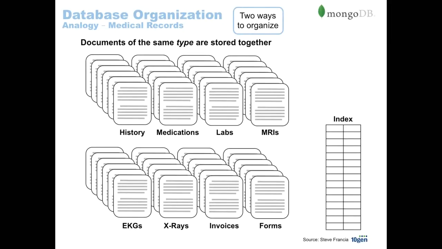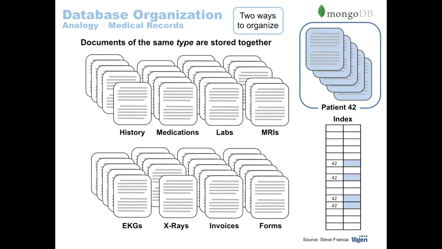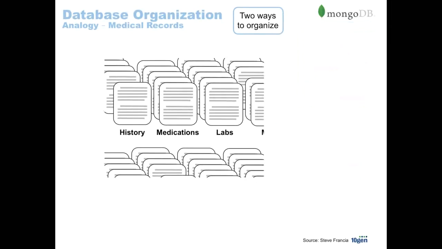And then you have an index that tells you where to find the information for a patient of interest. So you search in this index, and for patient number 42, you locate a number of records. And then you collect these records for that patient. So this is one approach.